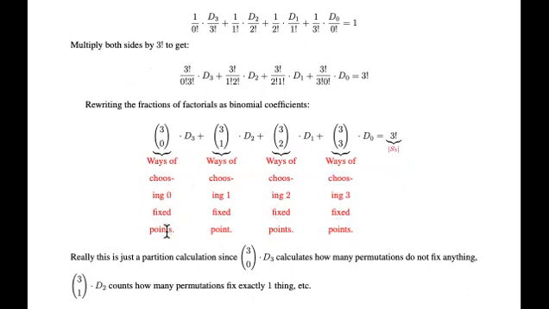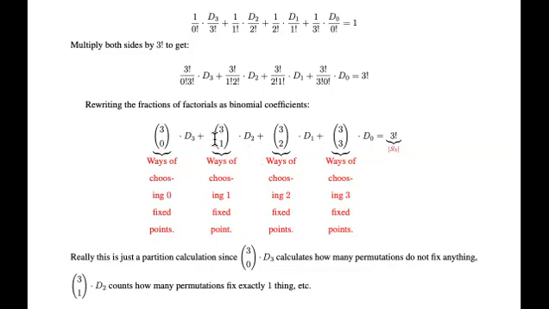Now with 0 fixed points, that's going to be all our derangements, right? There's none there. Here you choose one for each fixed point that you choose. You look at the other two and you count how many derangements there are on those, and then you do it for another fixed point, how many derangements on those, and so forth.